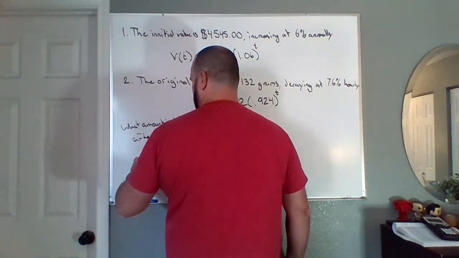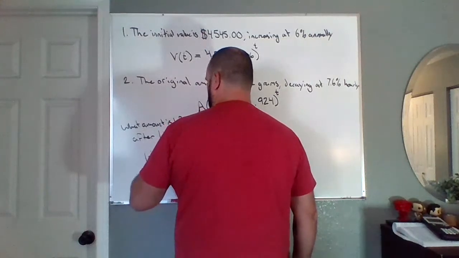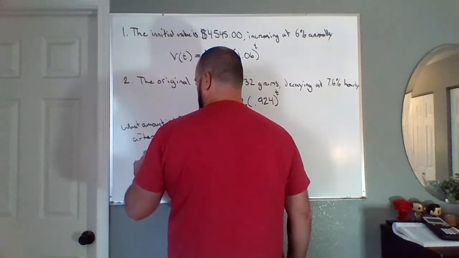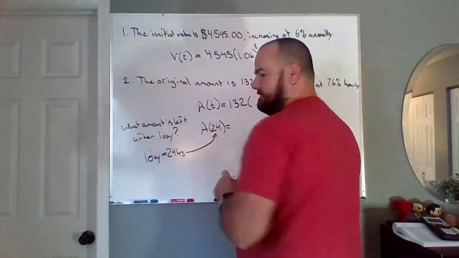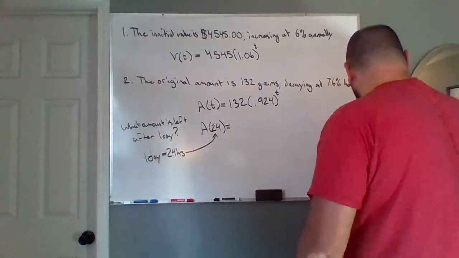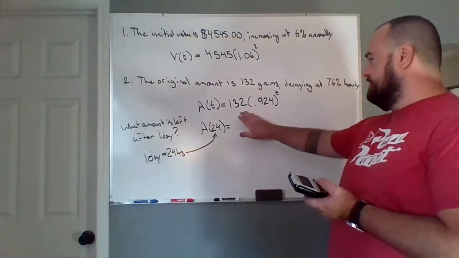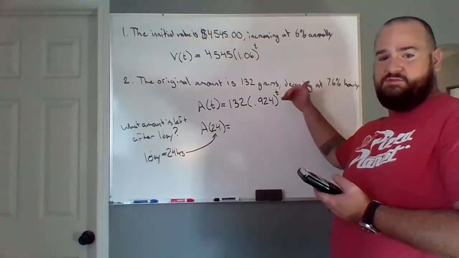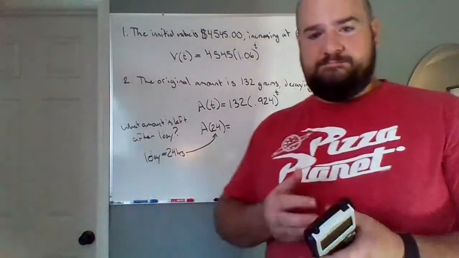Since 1 day is equal to 24 hours, that's where that's coming from. So how can I do this in my calculator? Well, I could easily type 132 times 0.924 raised to the 24th. Totally works. But I want to show you guys another way to do this.